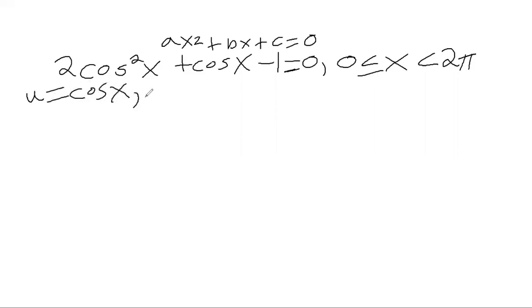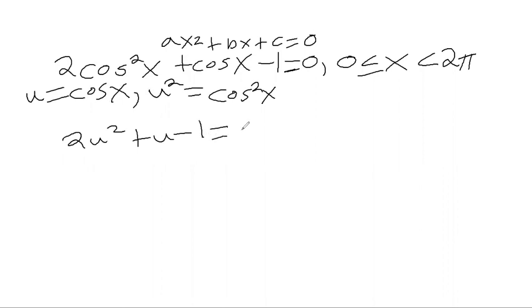Well, that means that u squared is going to be cosine squared x. So now I want to substitute these values into the equation. So 2u squared plus u minus 1 equals 0. So now it's a quadratic equation.